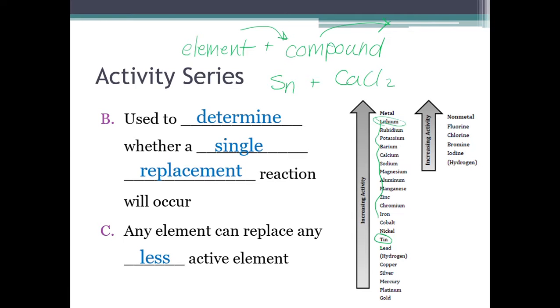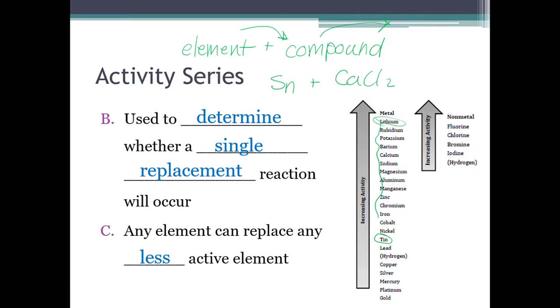So for example, lithium is our most active metal. Lithium can replace any metal. So like if this is lithium out here, this reaction is going to happen. But something like, I don't know, tin, that's a pretty low activity.